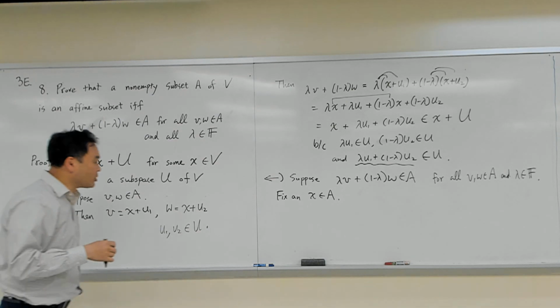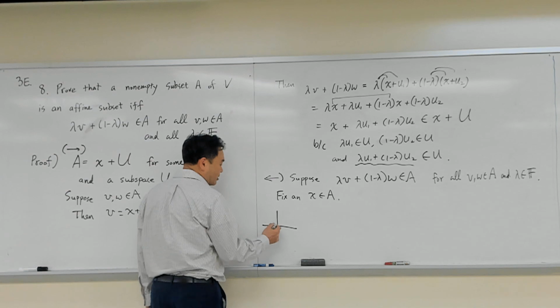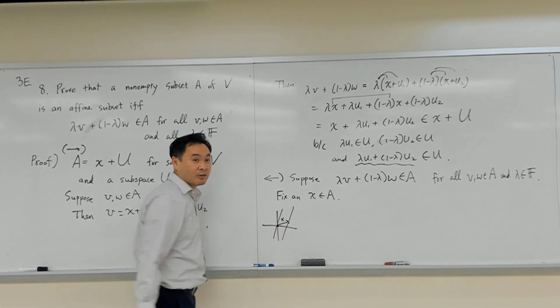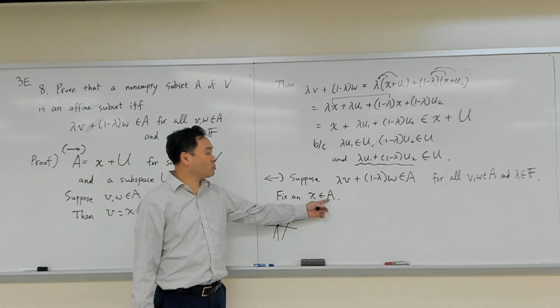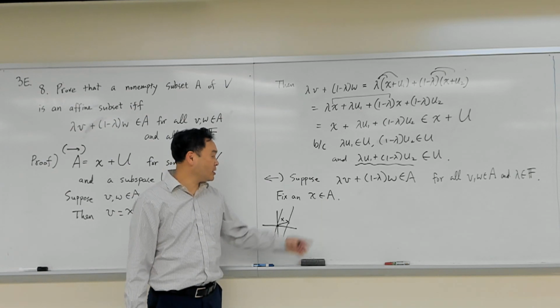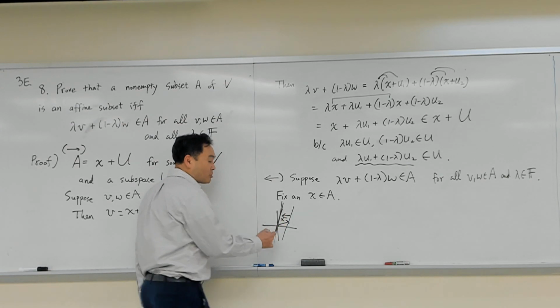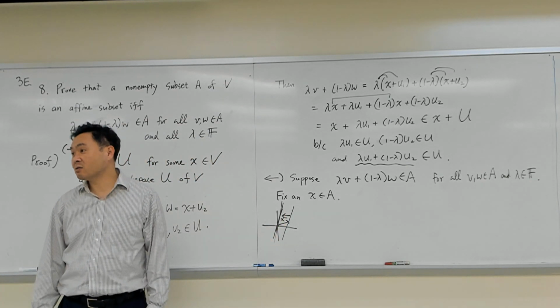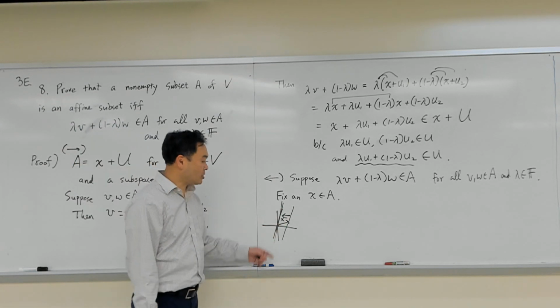And the picture that we have in mind is something like this. What's an affine set? It's this, and you add an X and you get that, right? And it doesn't matter which representative you choose from A. You can choose anything, and if you just subtract that X, you end up with some subspace. Okay? This will be parallel to that one.